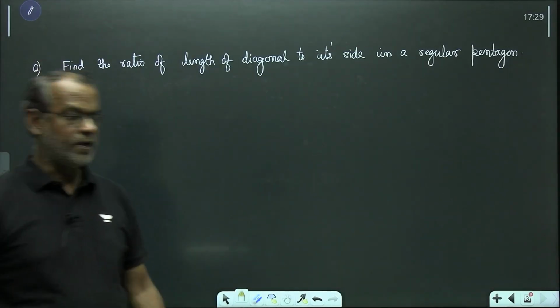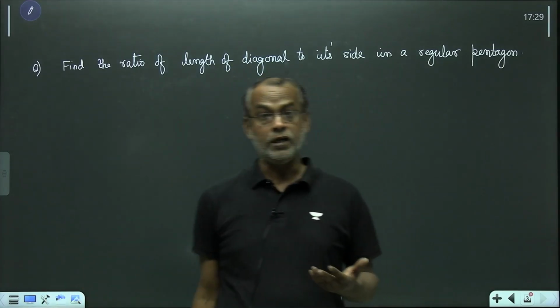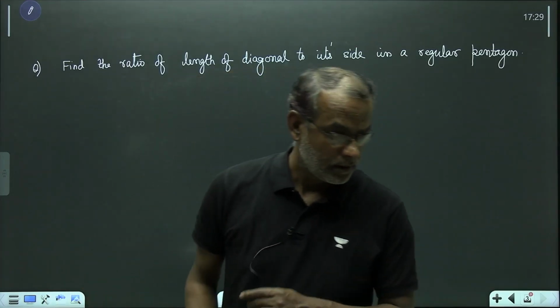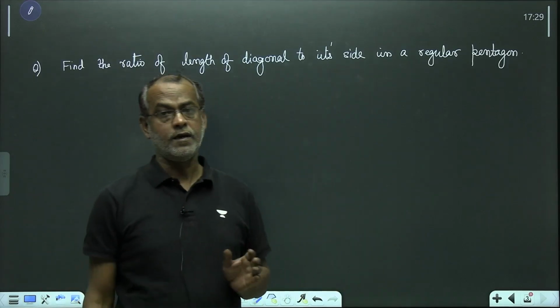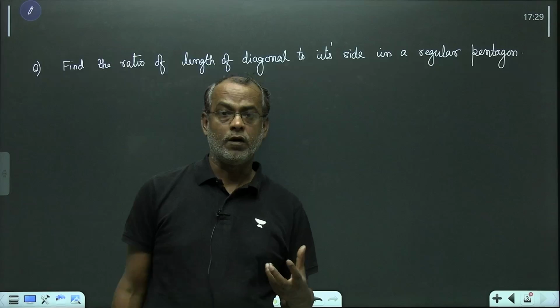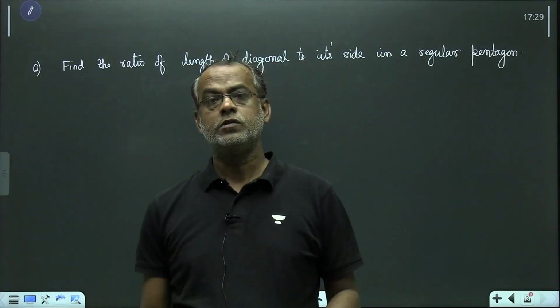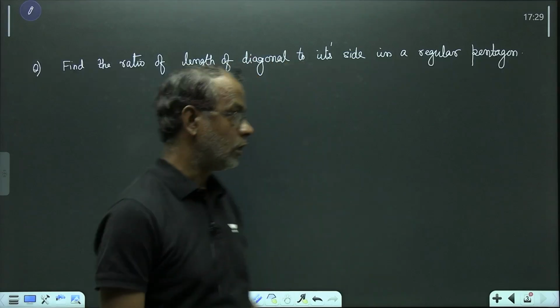Regular polygons we have taken up, and we will take up more as we move ahead, hopefully in this lecture only. I think a regular quadrilateral is a square. Regular pentagon means a pentagon all of whose sides and all of whose angles are equal.